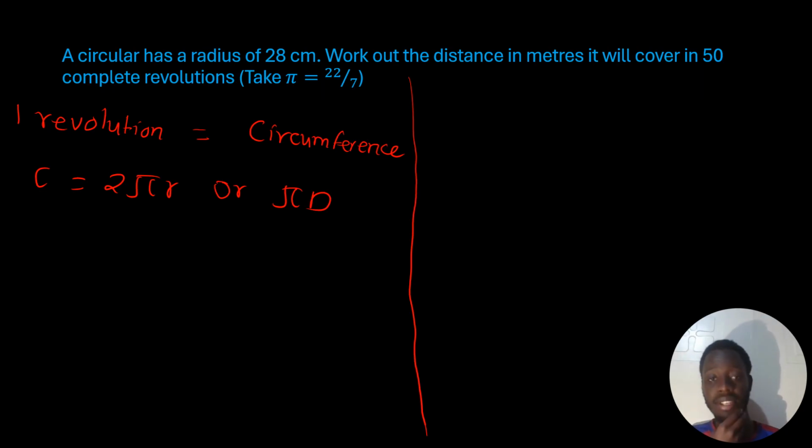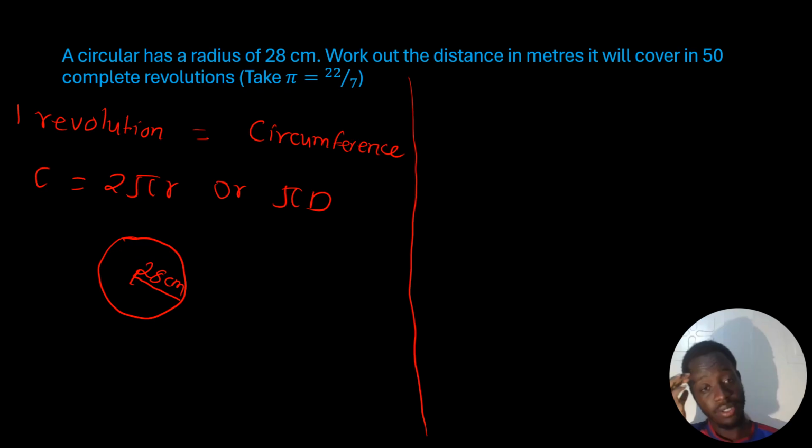So let's find the circumference of the circular object. Let's sketch a circular object, and the radius we've been told is 28 centimeters. When we have radius, we use the formula 2 pi r. We've been given pi as 22/7 and our radius is 28.